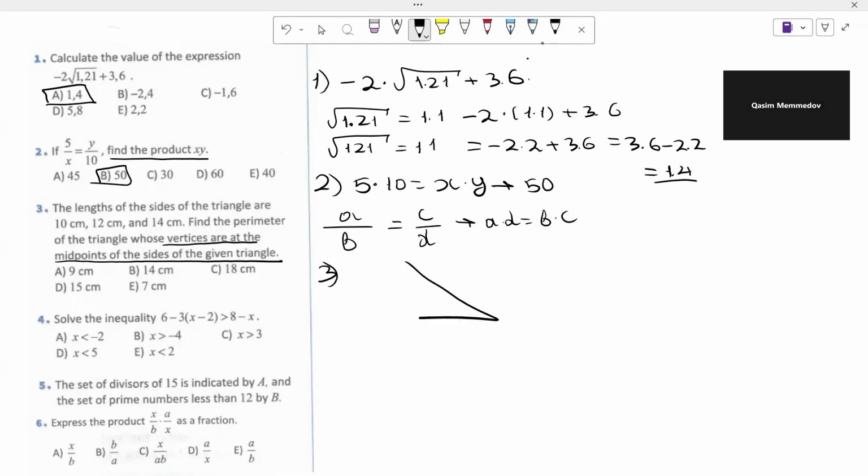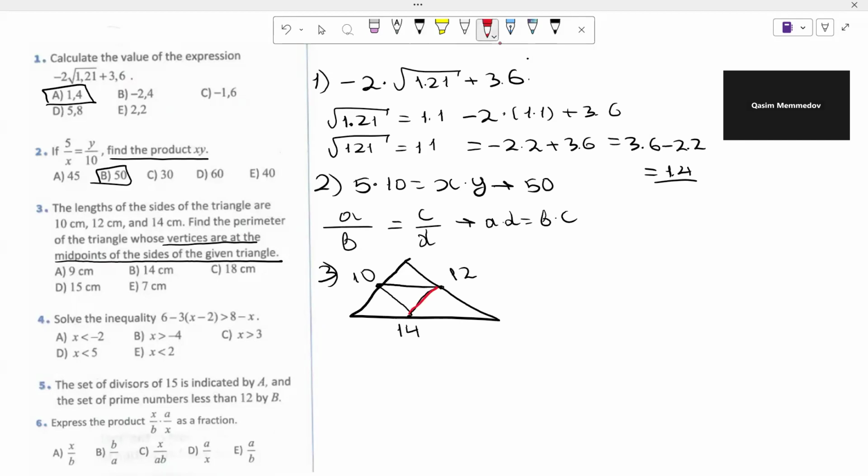Firstly, we have one triangle and we have three midpoints. This one, and this one. For example, let's create one triangle. One side is 10 cm, another one is 12 cm, and the third one is 14 cm.